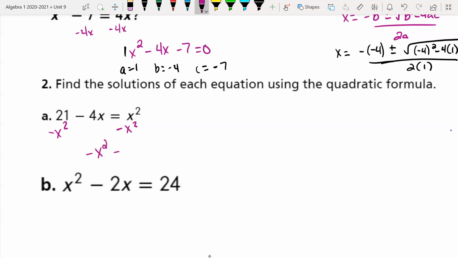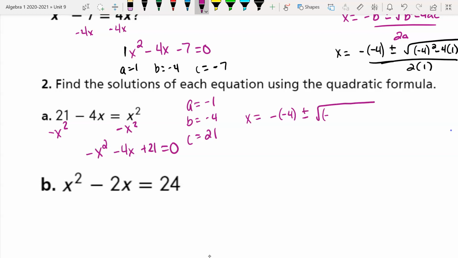I'm going to say negative x squared minus 4x plus 21, putting it in standard form. Then my a would be negative 1, my b would be negative 4, and my c would be 21. So I'm going to say x equals negative b plus or minus the square root of b squared minus 4 times a times c all divided by 2a.